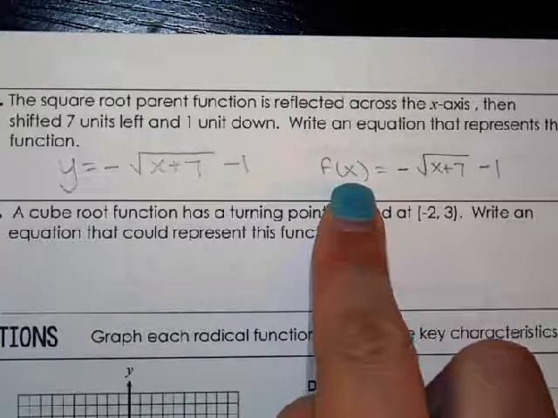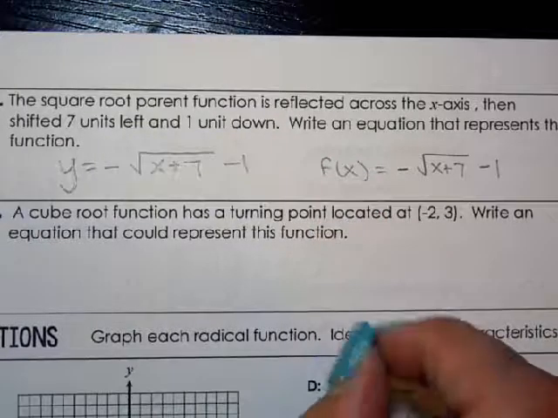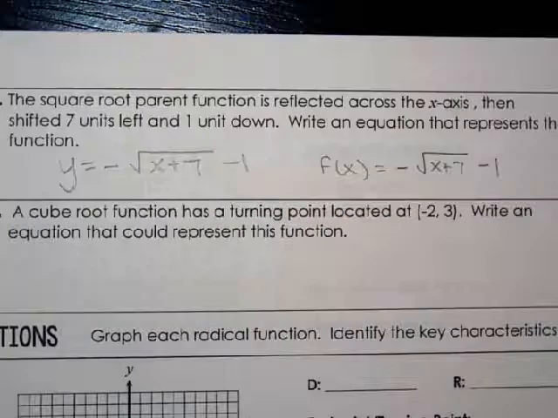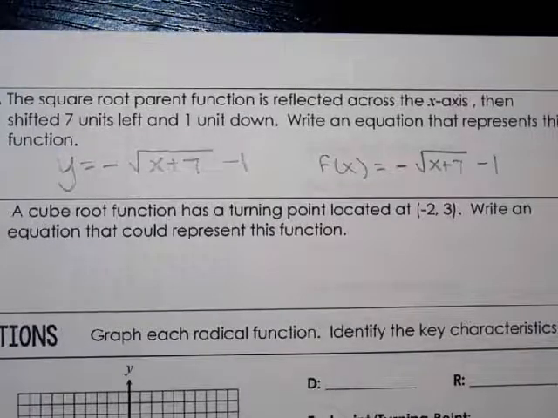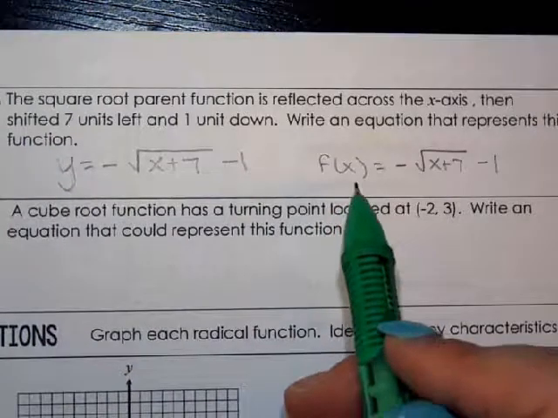So the reason that people use f of x or g of x is kind of the idea that we all have different names so that you don't get us confused. Because if everybody in the room was named Macy, then we'd have Macy number 1, Macy number 2. We'd have to have some way of differentiating between the different Macys. So they name functions, they name equations different things so you can differentiate between them. So you could have f of x, you could have g of x, you could have y.